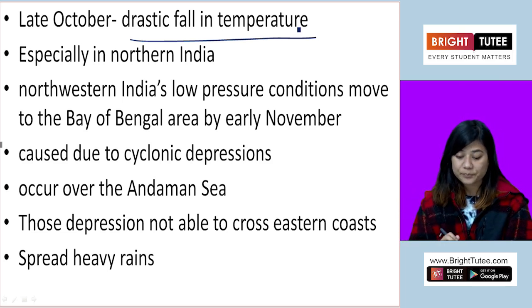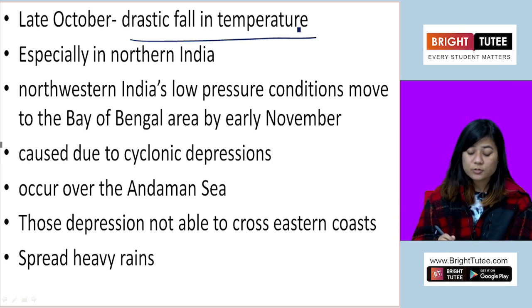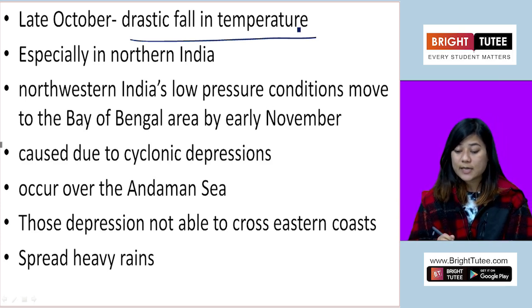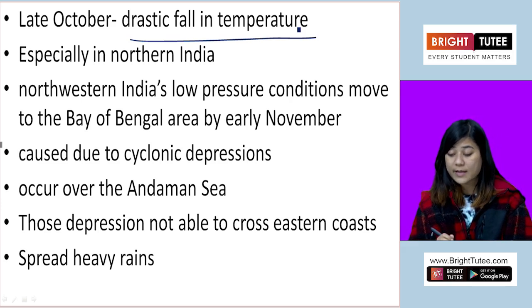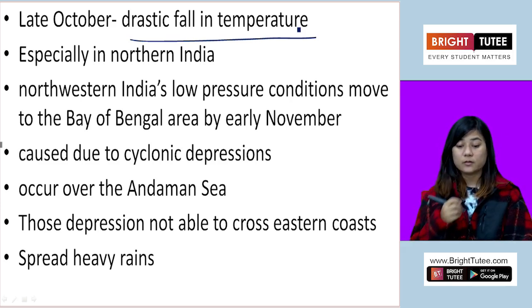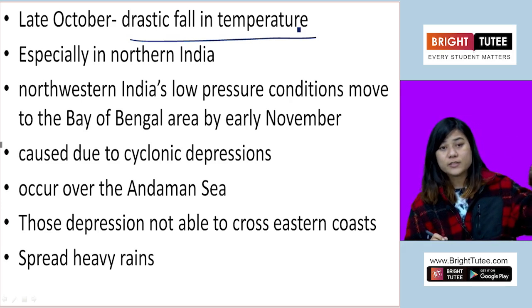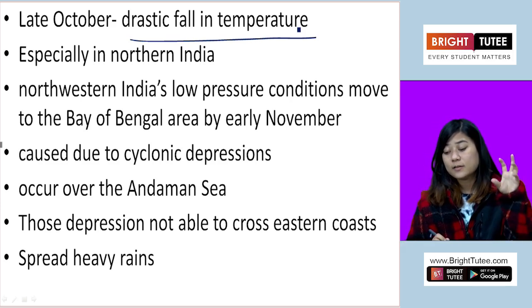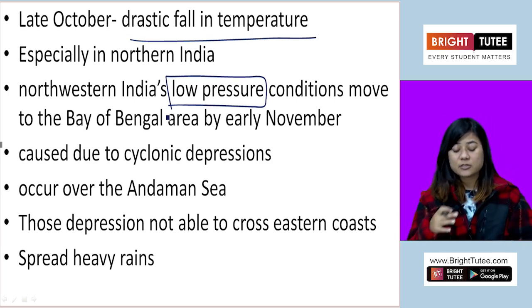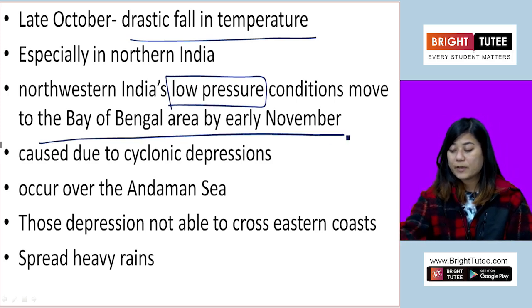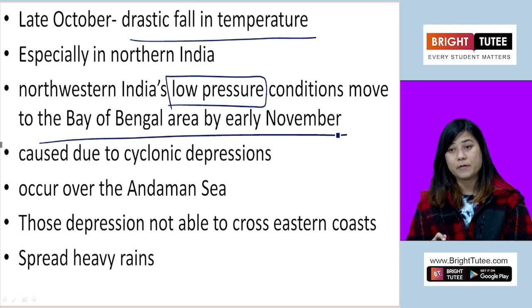So the northwestern India's low pressure conditions move to the Bay of Bengal area by early November. The northwestern part where the low pressure was developed begins to move towards the Bay of Bengal area by early November.